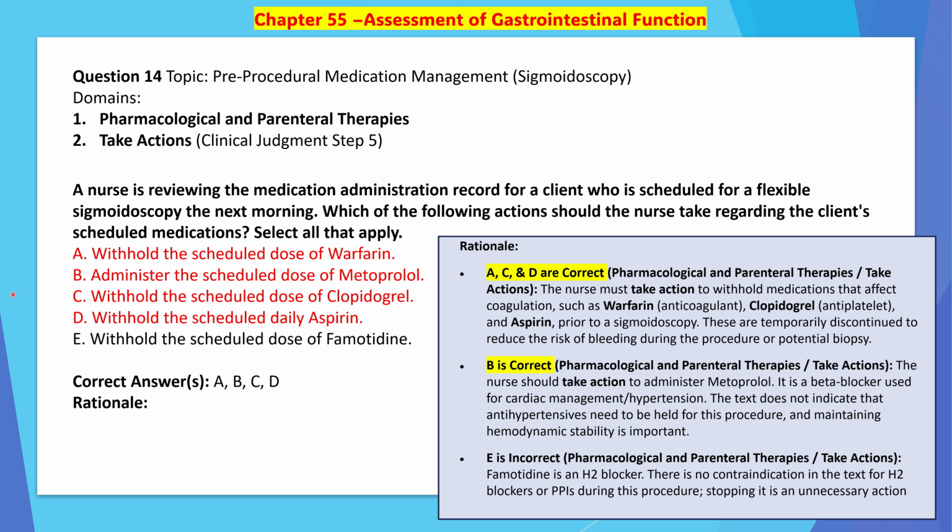Those are temporarily discontinued to reduce the risk of bleeding during the procedure or potential biopsy. B is correct because the nurse should administer the metoprolol. If famotidine was administered, then it also was correct, but it says withhold. No, that's incorrect.